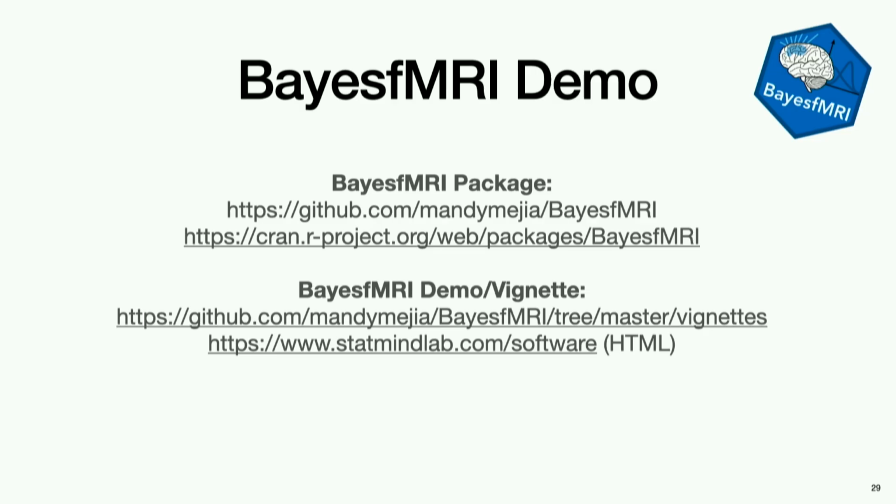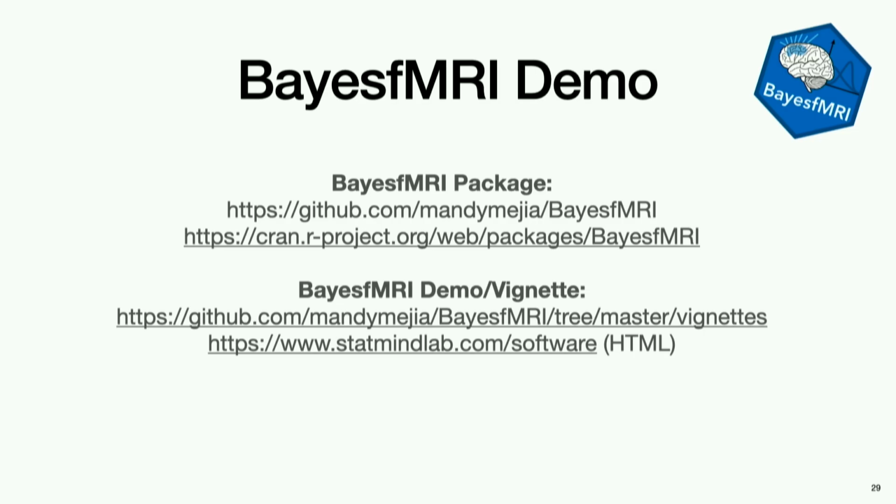I recommend using CRAN for just installing. But if you go to GitHub, you'll find the vignette, and you can actually find the vignette data and go through it. So in our language, a vignette just means a demo. And the data for the demo is available on the GitHub version of the package. I don't think it's on the CRAN version.